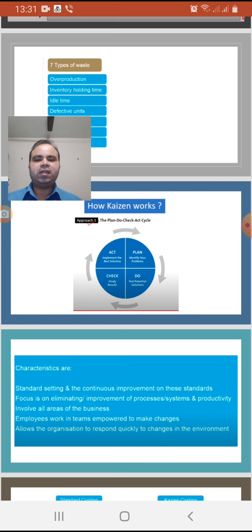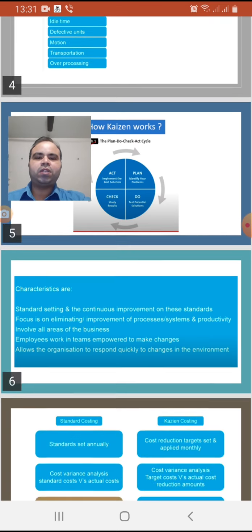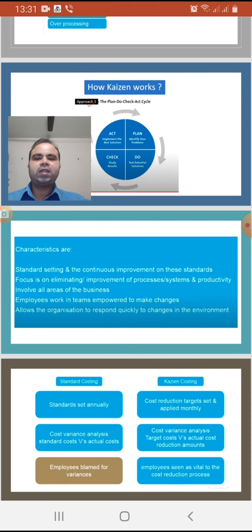Some of the key characteristics of Kaizen costing we will discuss. The key characteristic of Kaizen costing is standard setting. It sets standards and makes continuous improvement on the standards. It focuses on elimination and improvement of process, system, and productivity involved in all areas of the business, not only in production.